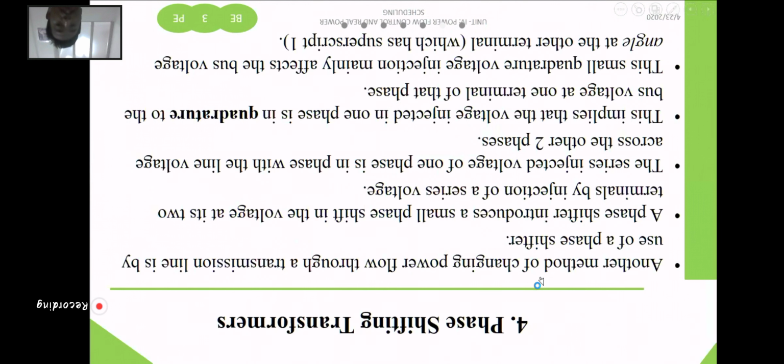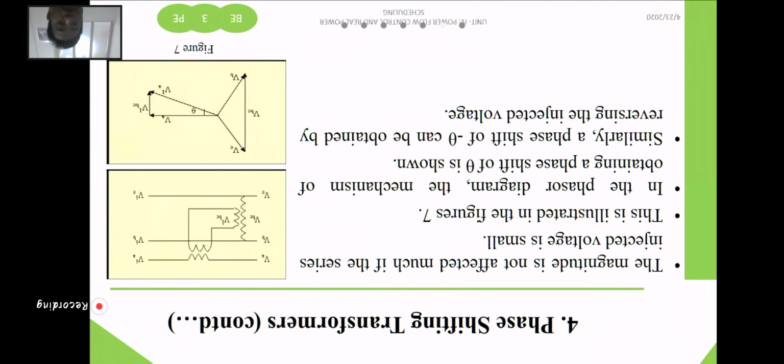Then another way is to create a phase shift, or by using a phase shifting transformer. The main difference between a phase shifting transformer and a series capacitor, that is series compensation of the line, is that in phase shifting your maximum power will remain the same, it will not alter, whereas the maximum electrical power will change in the series capacitor using series compensation.